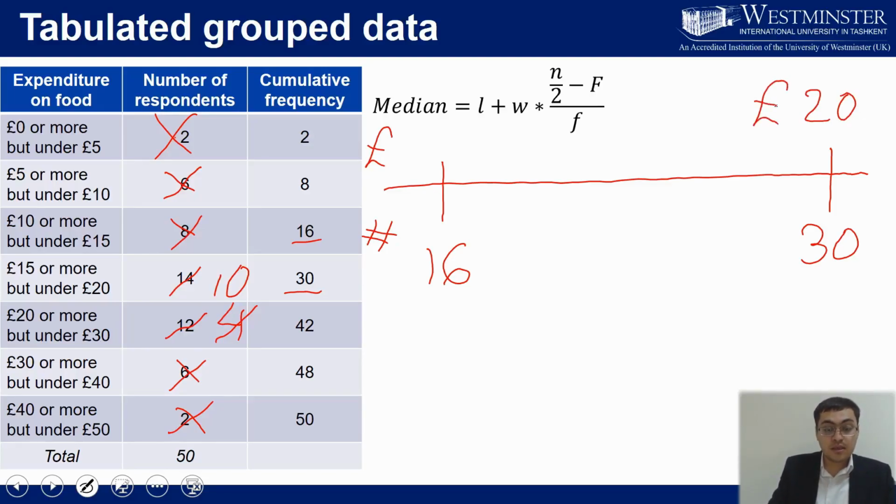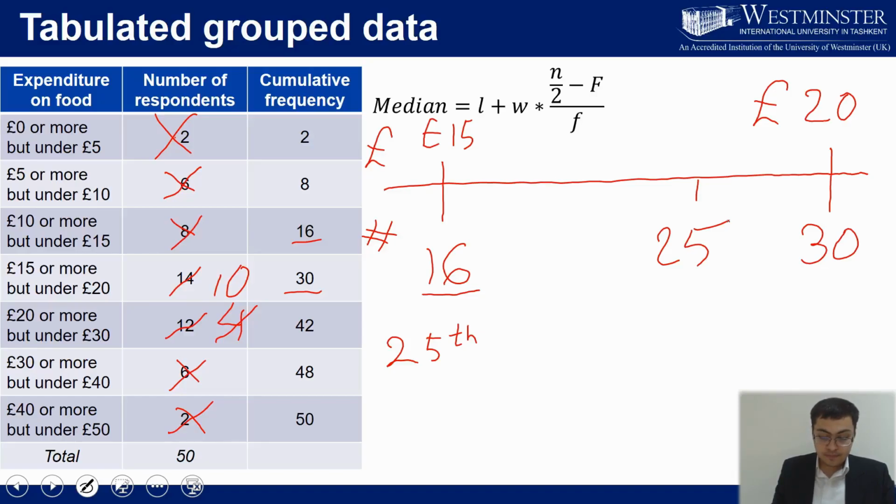And on my 16th observation, I have here 15 pounds. Now, if you remember, the median was the 25th observation, right? So this is the 16th observation, right? And what we need to do is to come up with the 25th observation that I have here.